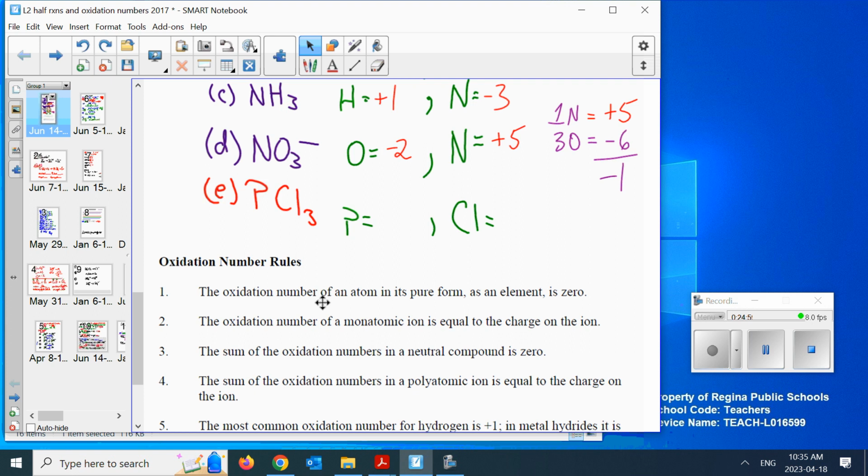It's negative 1. Let me look it up very quick. It is. So I'm not going to write out the arithmetic. This is three groups of negative 1, so the phosphorus has to be plus 3.